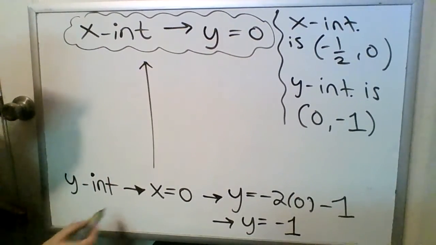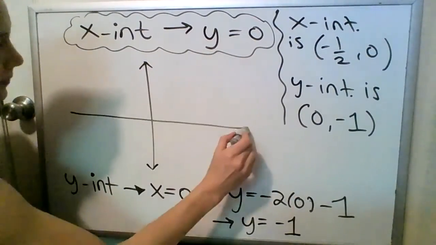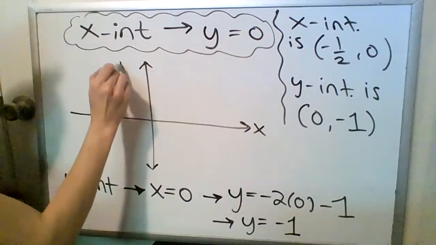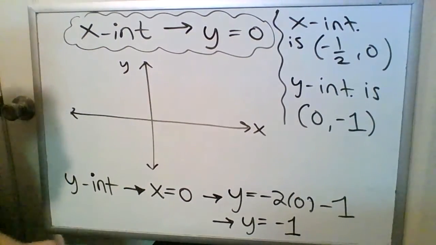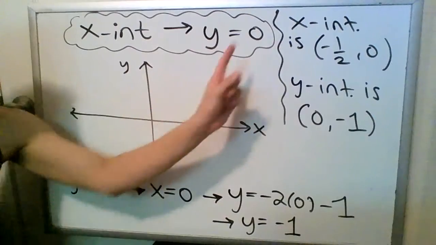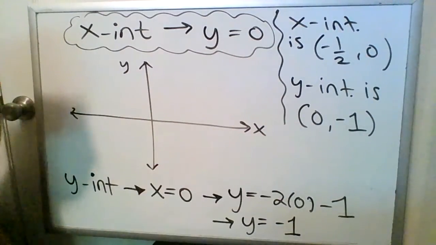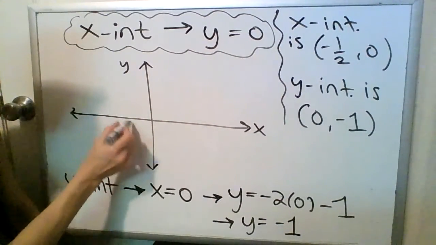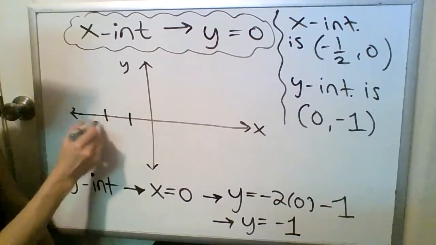We're going to sketch a graph. So to draw a line, we can use these 2 points and then connect them. So we found (-1/2, 0), which we're going to need units.